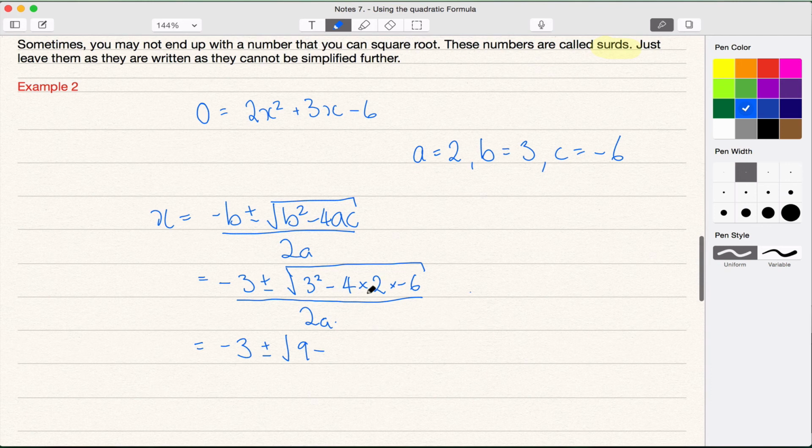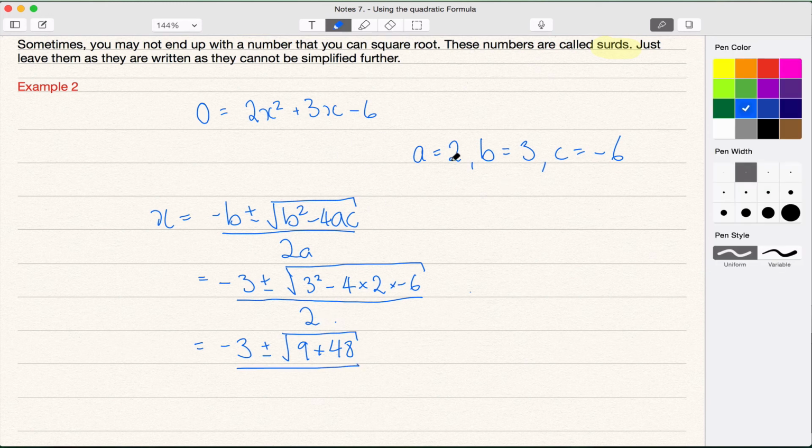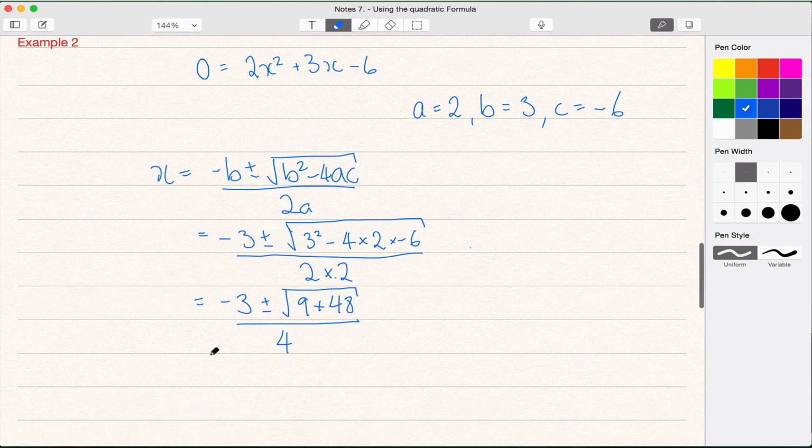Negative 4 times 2 is negative 8. Negative 8 times negative 6 is positive 48 over, I shouldn't have put 2a in the last example. Need to substitute the value for a, which is 2. 2 times 2, 4. Negative 3 plus or minus the square root of 57 over 4.